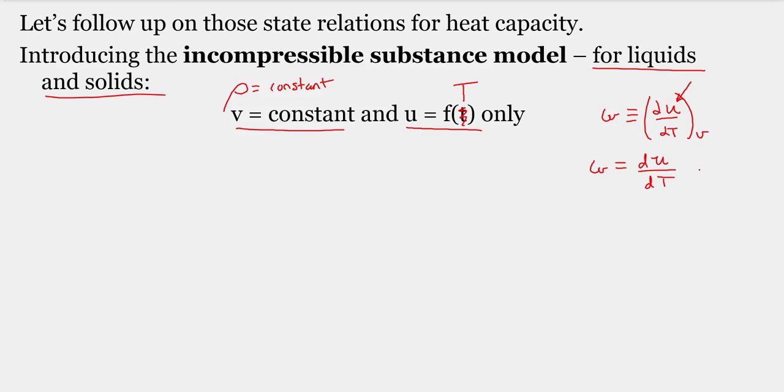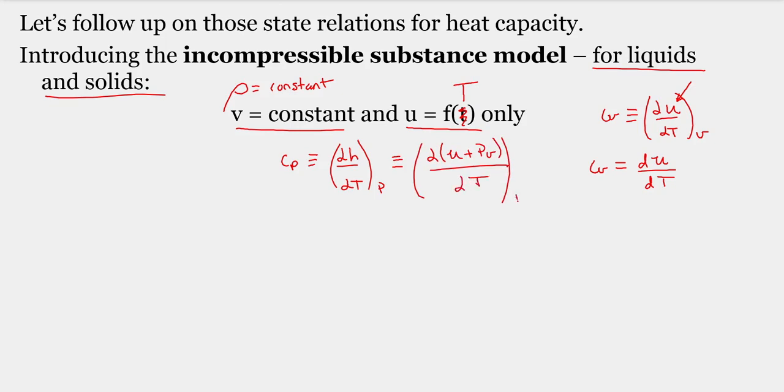Well, let's go back and look at C_P. C_P, the specific heat at constant pressure, remember, was by definition the partial derivative of the enthalpy with respect to temperature at constant pressure. But we also know that the enthalpy is, by definition, the internal energy plus pressure times volume.